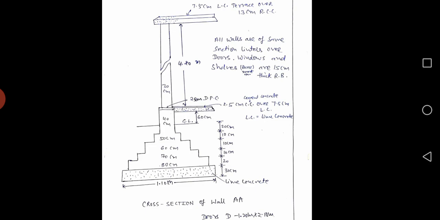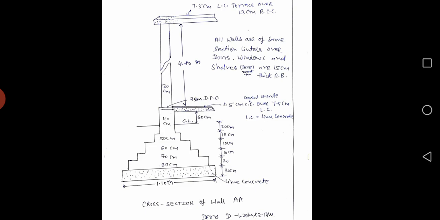The width is 1.1 meter and height is 30 centimeter. The width of 1.1 meter is also the foundation trench width, so the excavation in foundation width is 1.1 meter. Then the first footing is 80 centimeter width and 20 centimeter height or depth. Then the second footing is 70 centimeter width and 10 centimeter depth.